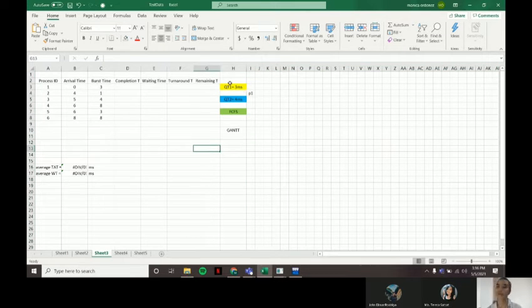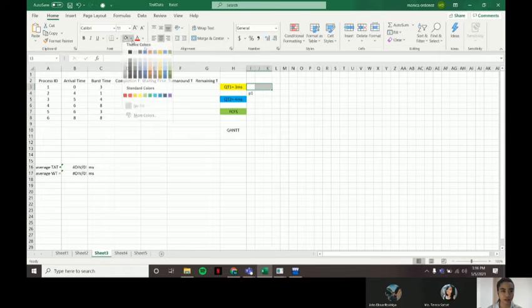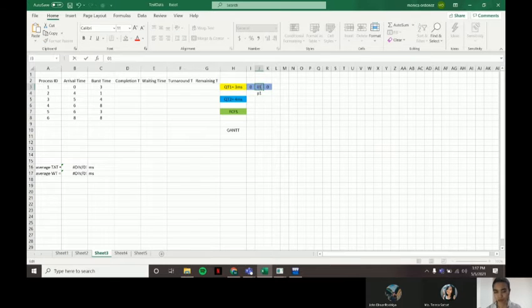The quantum time for Q1 is 3, so all the burst time of process 1 will be processed. The remaining time for process 1 was 0.